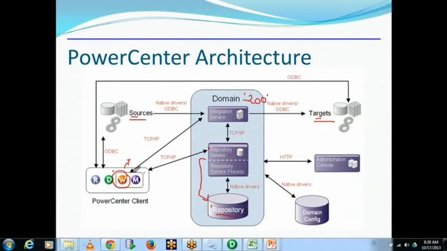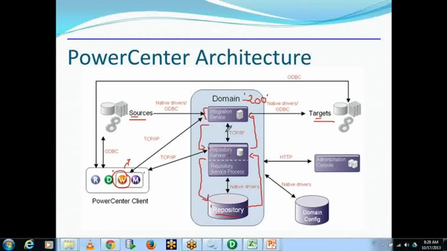Integration service will send the name of the workflow to the repository service, which in turn will send it to the repository. Repository will give all the information related to this workflow back to the repository service, which will be sent to the integration service for doing the processing. Once that processing is over, it will load the data into the targets.